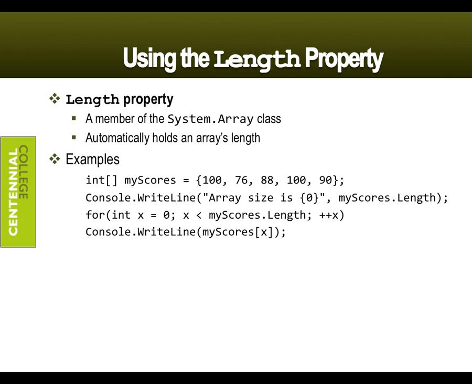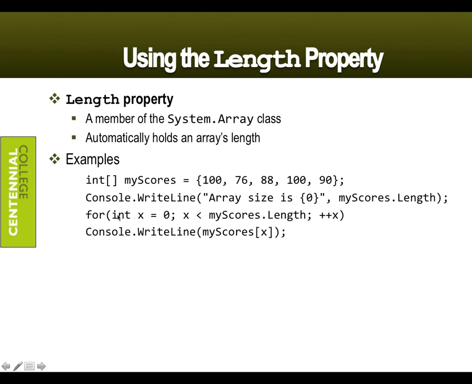I can check how many elements are inside my array by using the length property. So I can say myscores dot length. I use the dot accessor. How many elements are inside of myscores? Well, we have 1, 2, 3, 4, 5 elements. So myscores dot length is going to return the number 5.